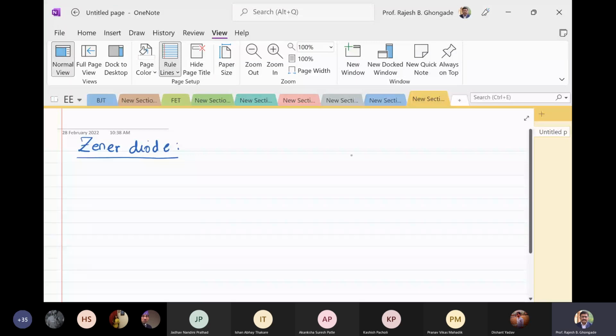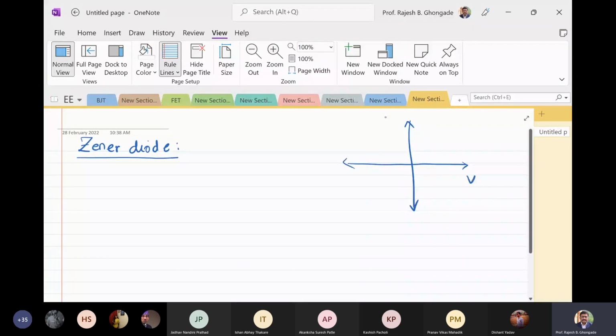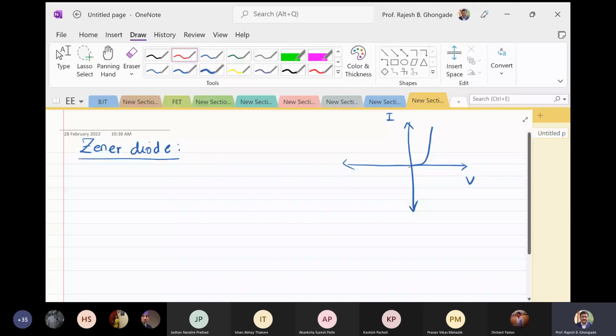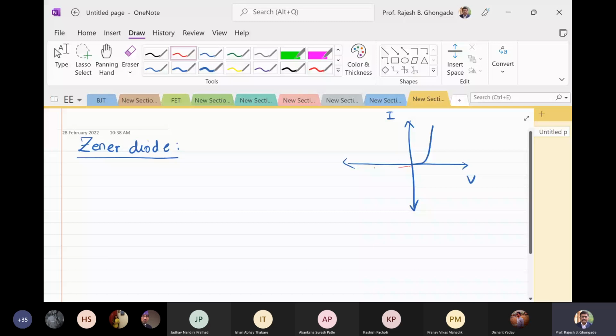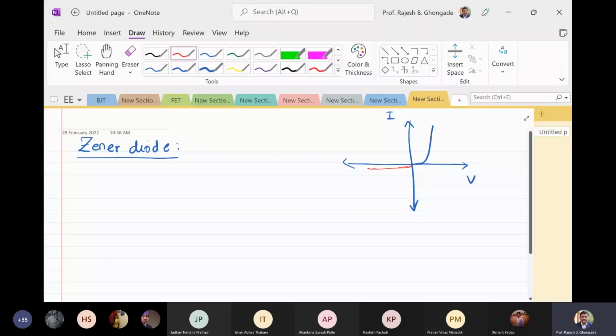In a conventional PN junction diode, if you see the characteristics, this is V, this is I. The forward characteristics is like this, but the reverse characteristics you can see is like this, and then at a certain point, for a larger voltage, it literally breaks down.